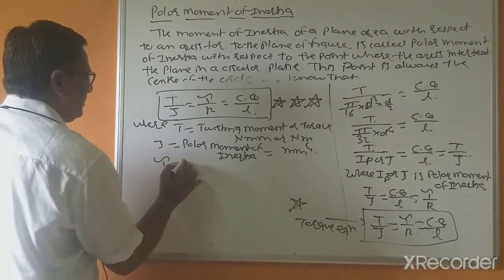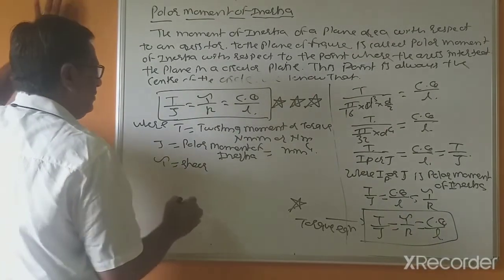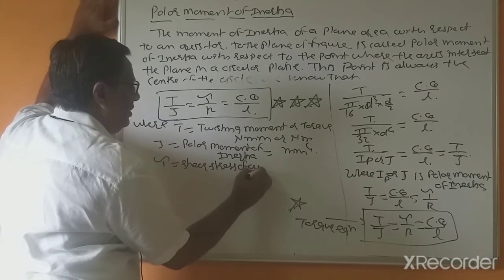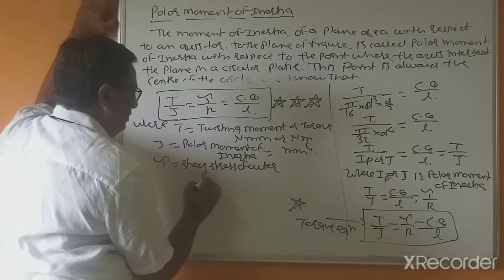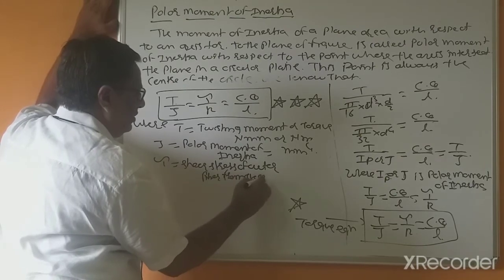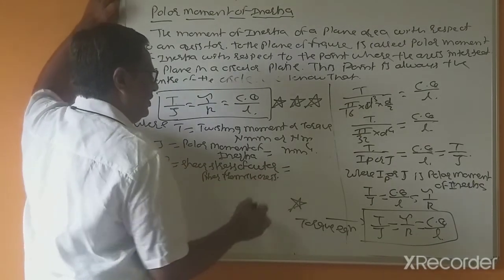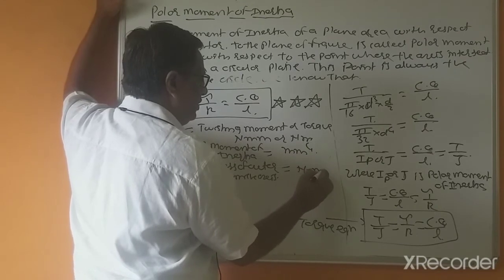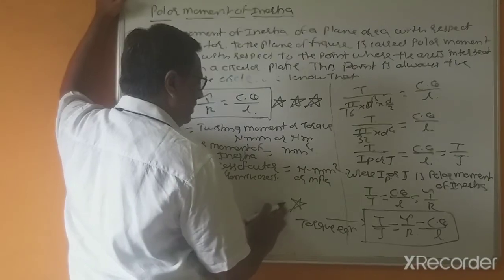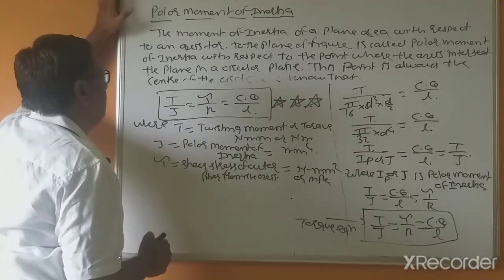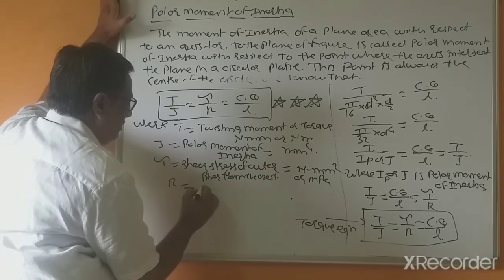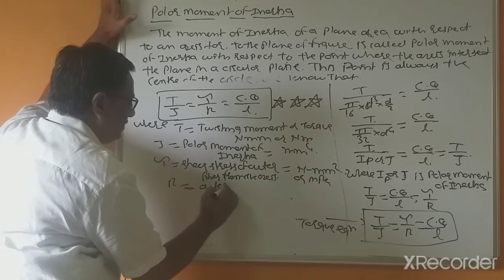Tau is the shear stress of the outer fiber from the axis, and this is in Newton per mm squared or megapascal. R is the outer radius.